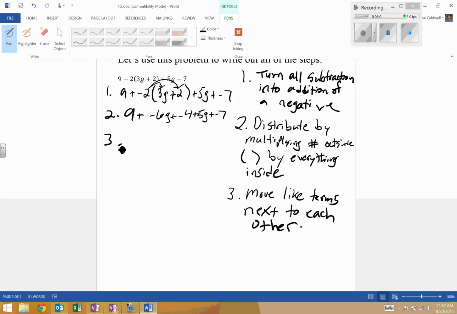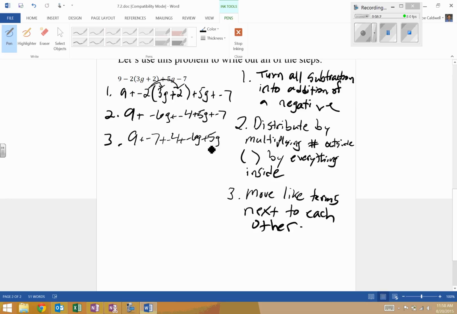It doesn't really matter which way you go about doing that. So if we have 9 plus negative 7 plus negative 4 plus negative 6g plus 5g.